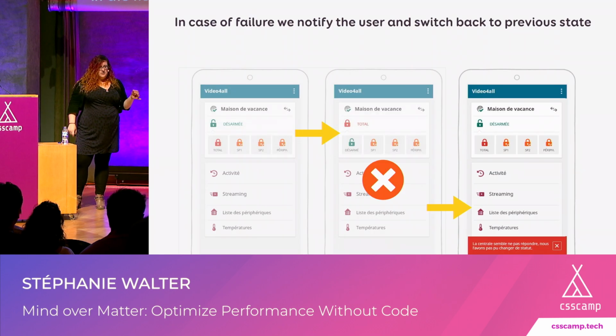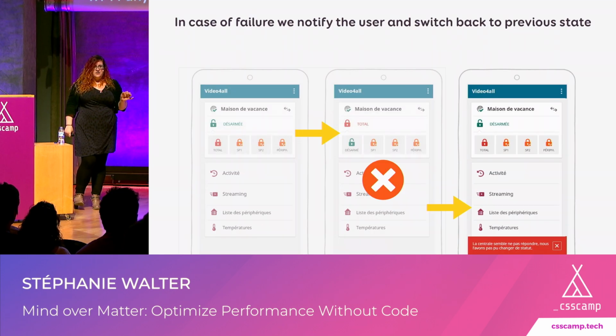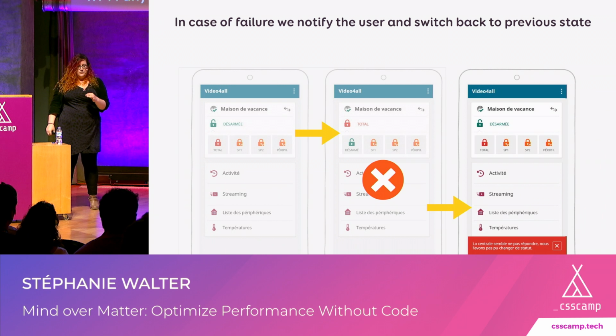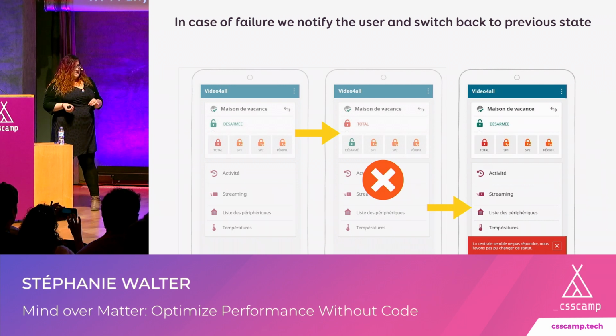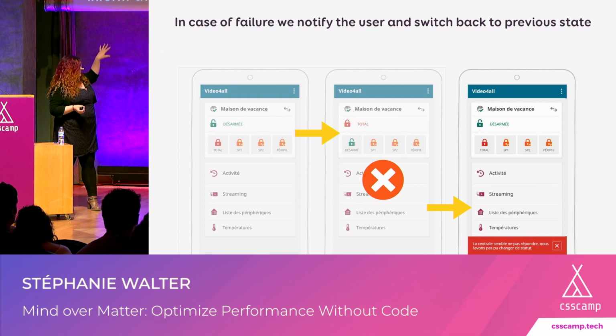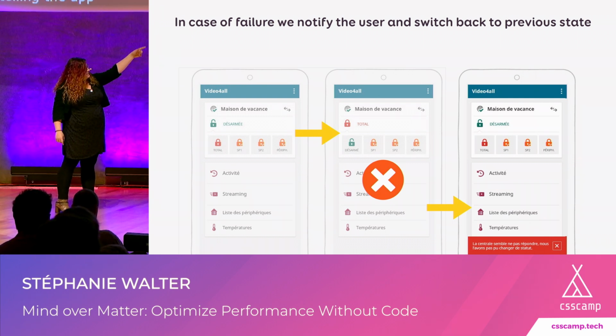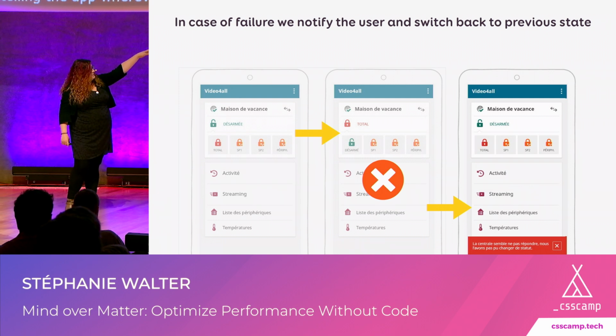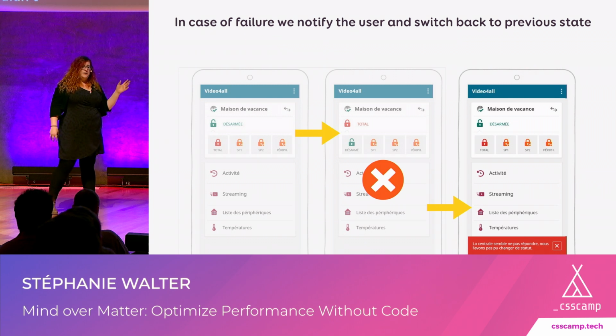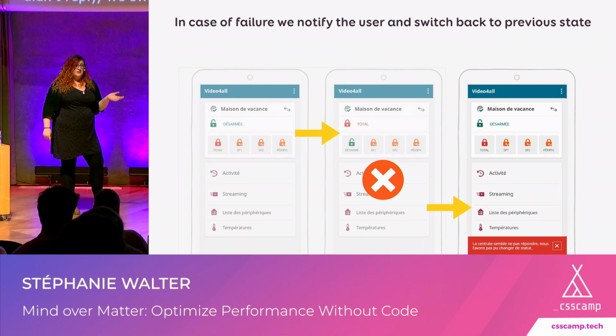So we are optimistic, but in case of failure, we really quickly inform the users about the failure. We have two ways to do that. If the user is still in the app, wherever they are in the app, we have this little toast at the bottom telling them, okay, it didn't reply, we switched it back, try later. If the user isn't in the app, we use native notifications.